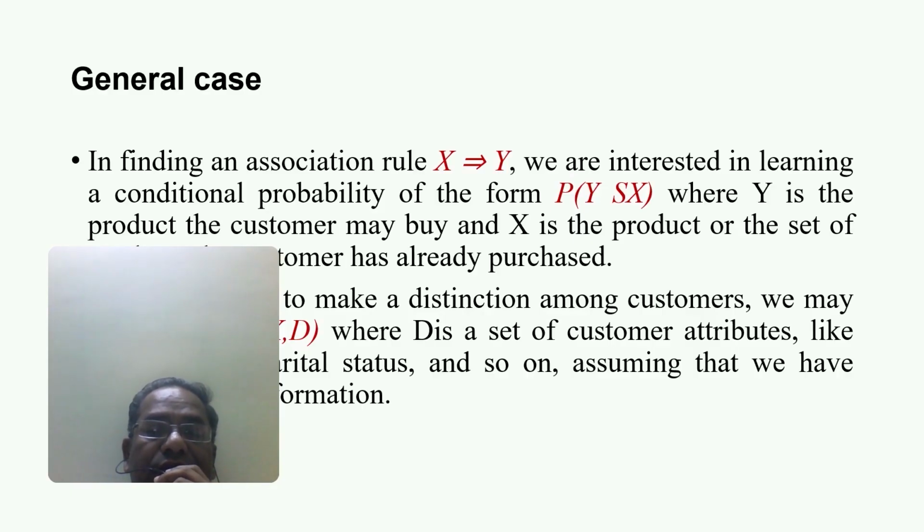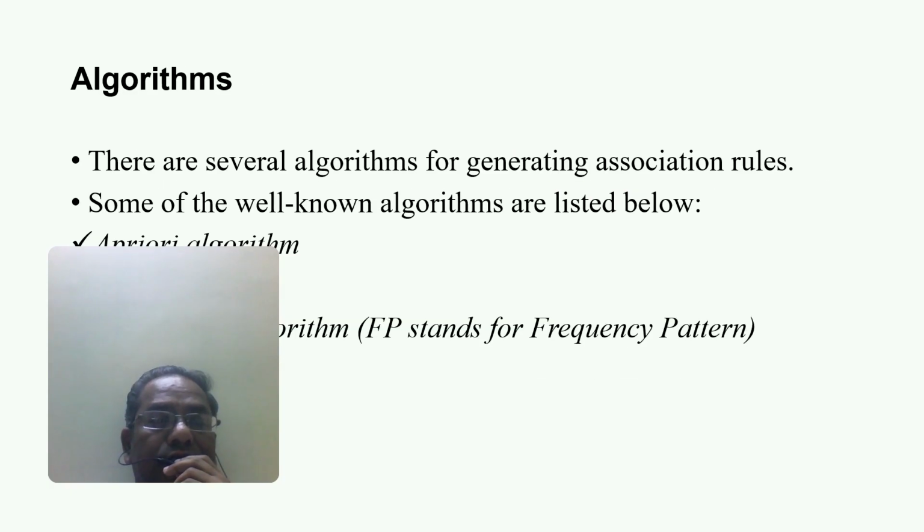Among the customers, we will have an estimation of P of Y given X, D, where D is the customer attributes, like whether he is male or female, age group, or whether he is married or unmarried, which states marital status. We can assume access to this information in the form of conditional probability, and we can apply this in naive Bayes classifiers also.